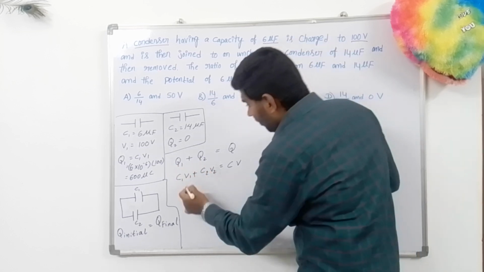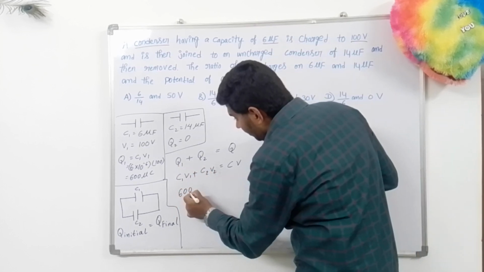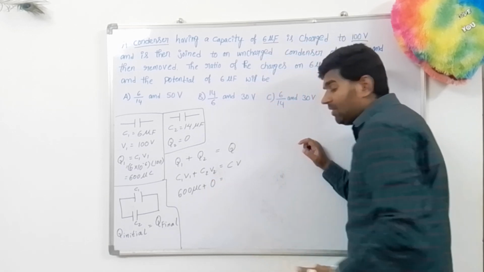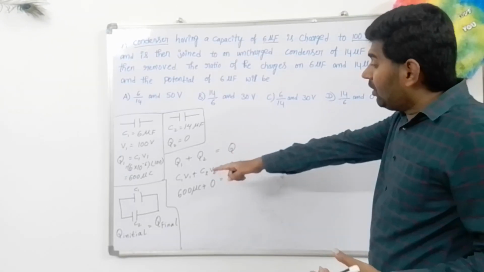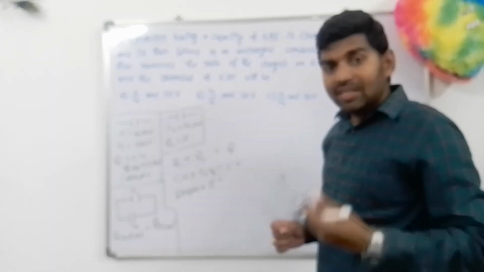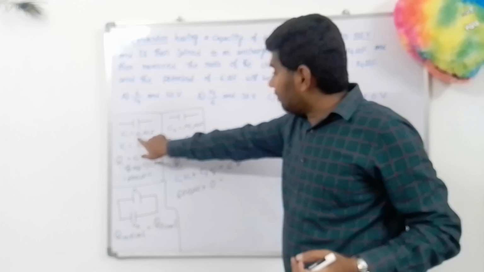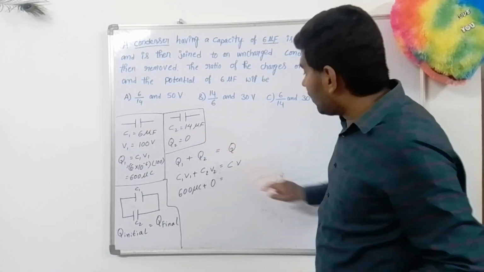What is the C1 V1? You already know that 600 microcoulombs. C2 V2 is 0. What is the C here? Both are connected in parallel. In parallel, if you connect the two capacitors, the total capacitance C is equal to C1 plus C2. What is the C1? 6 microfarads. C2 14 microfarads.